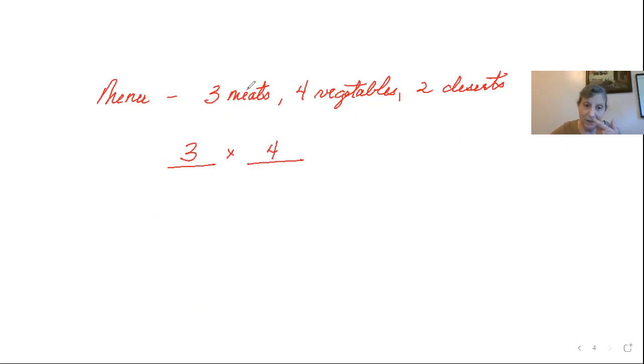So each of these 3, if we choose chicken, we can still choose any of the 4 vegetables. And if we choose hamburger steak, we could choose any of the 4 vegetables. And if we choose, I don't know, grilled sirloin, we could choose any of the 4 vegetables. So 3 meats, choosing one of those, 4 vegetables, choosing one of those, and then 2 desserts. Well, that doubles that. 3 times 4 times 2 is going to be 24. There are 24 different meals you can have choosing between 3 meats, 4 vegetables, and 2 desserts.